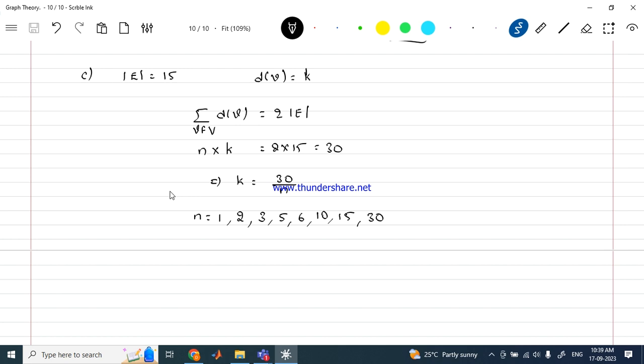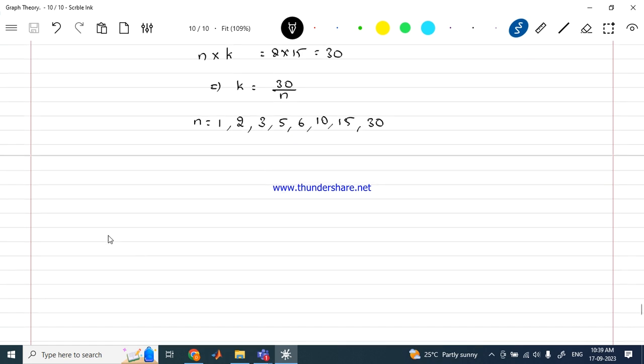Let me just try the next example. So the next example is quite similar, but in this example the expectation is different. So the question is, does there exist a cubic graph with 11 vertices?